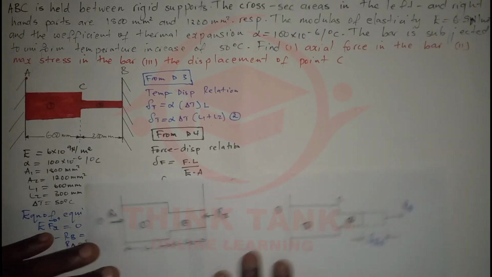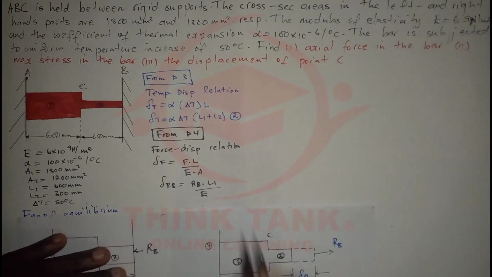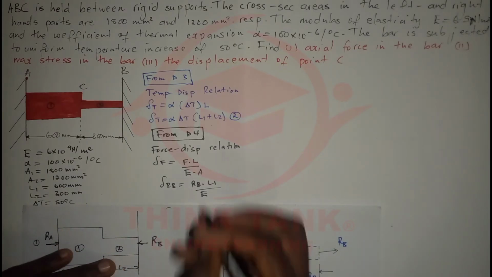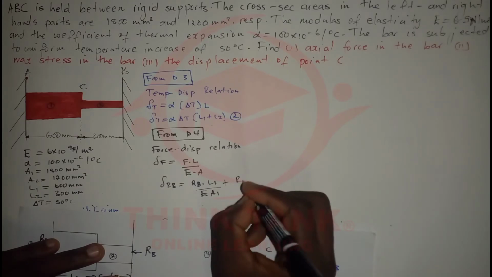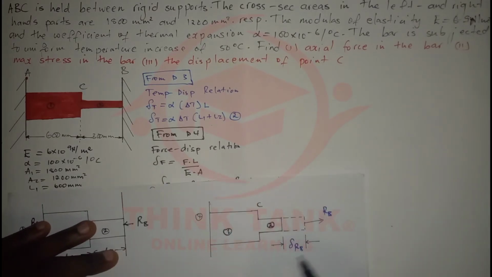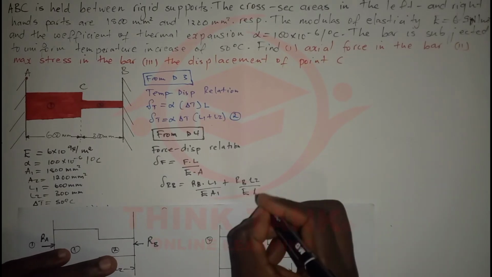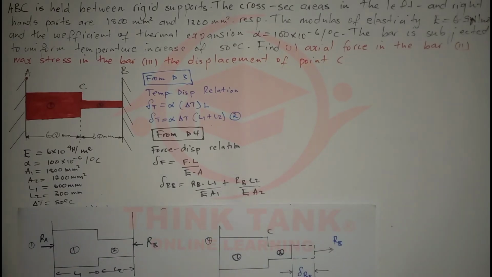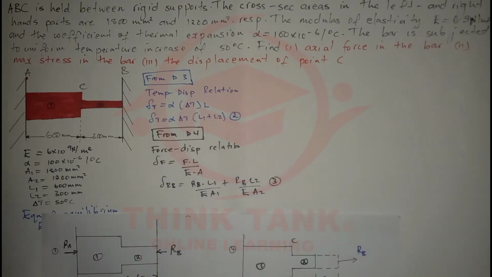It's going to be RB times L1, divided by E times the cross-sectional area of part 1, plus RB times L2, which is the length of the second part, divided by E, which is the same, times the cross-sectional area of part 2. And I'm going to call this equation number 3.